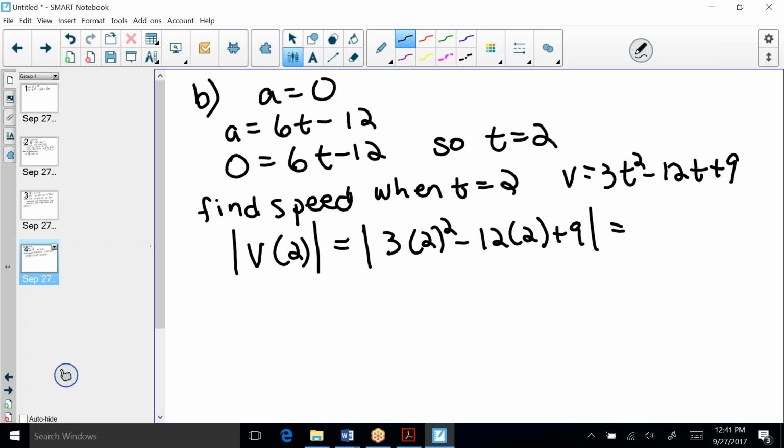So that's 3 times 4, which is 12. 12 minus 24 is negative 12 plus 9. That's going to be the absolute value of negative 3, and that's going to be equal to 3. And what are the units for this, for speed?